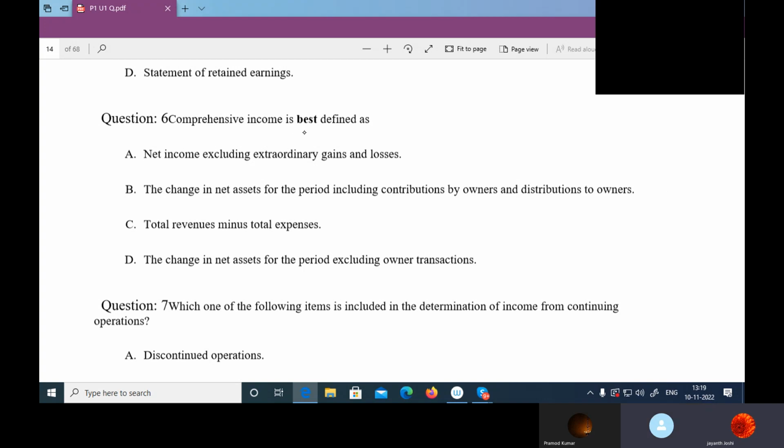See, comprehensive income is best defined as net income excluding extraordinary. No. Change in net assets for the period including contributions by owners, but I don't think contributions by owners is taken in OCI. That is taken in the equity itself directly when you make the statement of financial position.